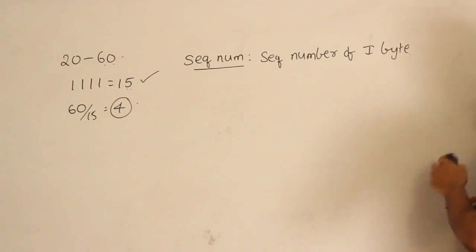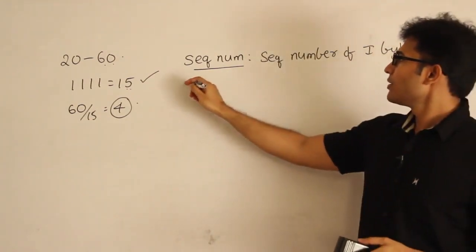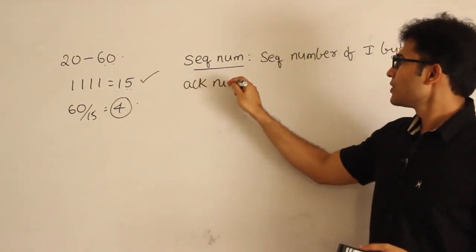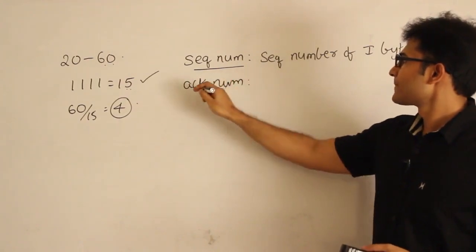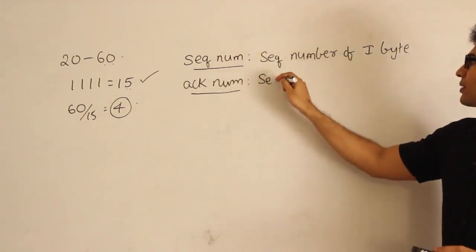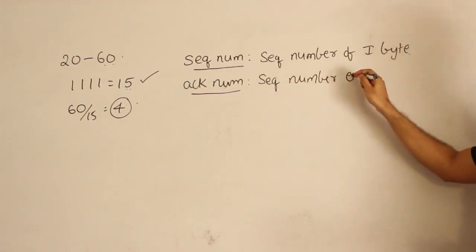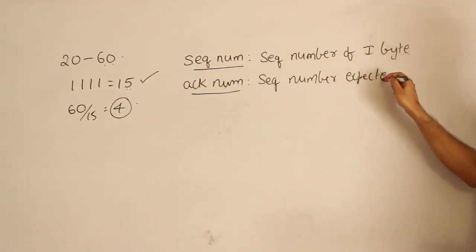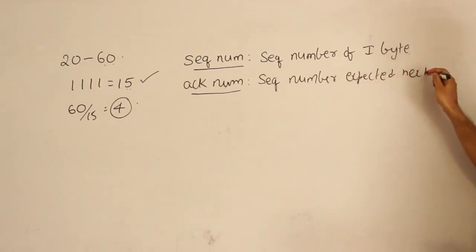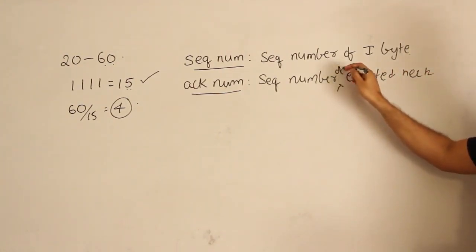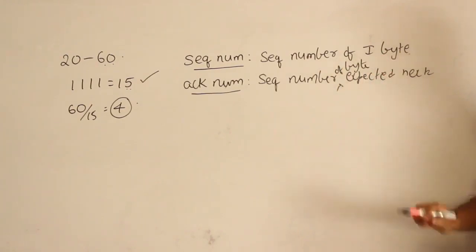So the first byte sequence number is the sequence number field, and the acknowledgement number is the sequence number of the byte expected next, right?